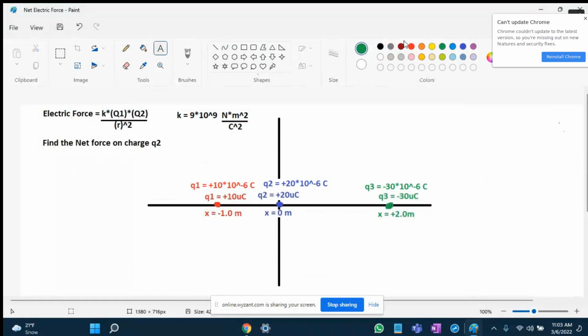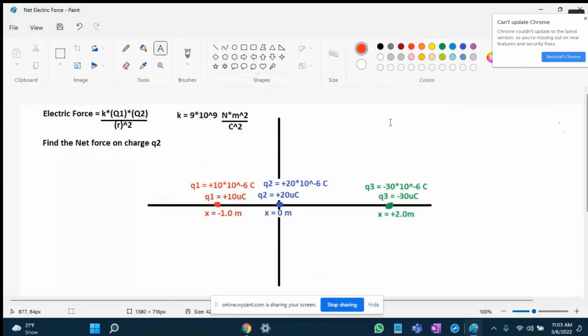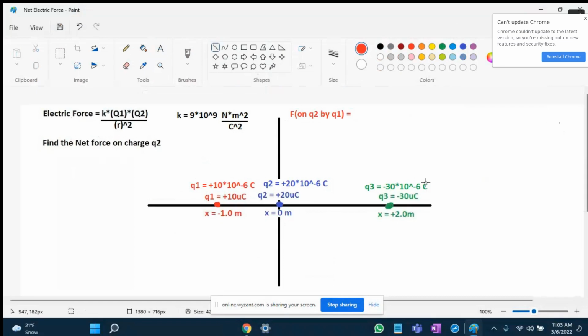So the force on Q2 by Q1 would be equal to K times Q1 times Q2 over the distance squared.